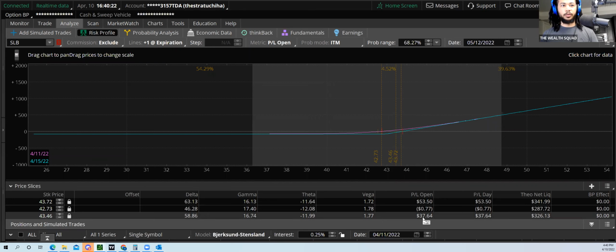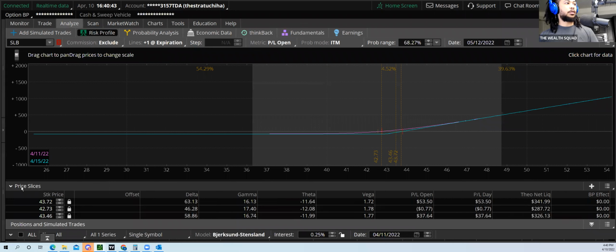It's just going to give you dollar amount. Then we just have to calculate what percentage that would be. So 37.64 for PT1, and PT2, 53.50.